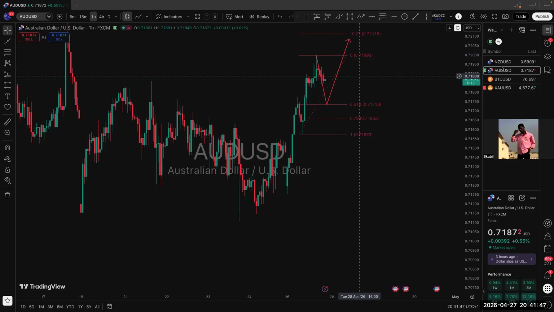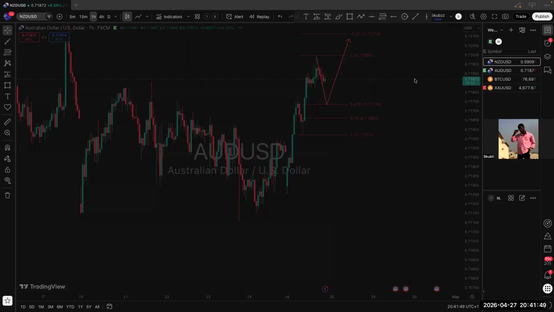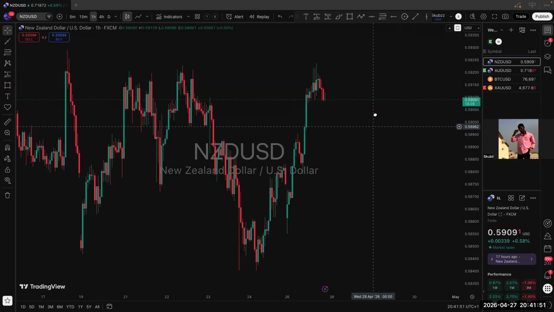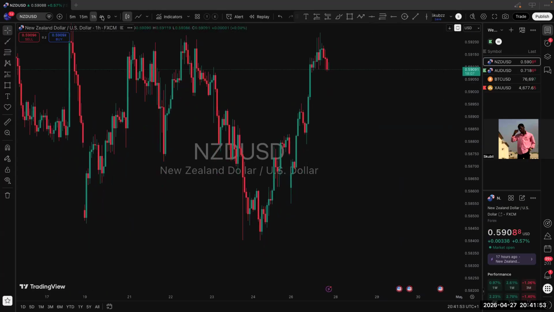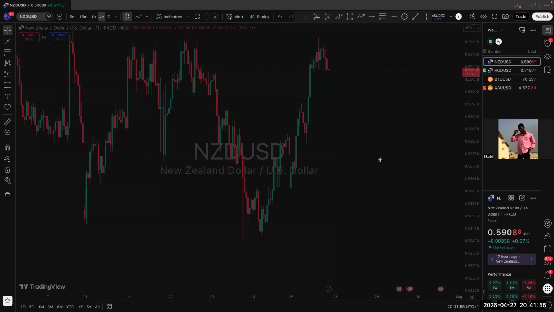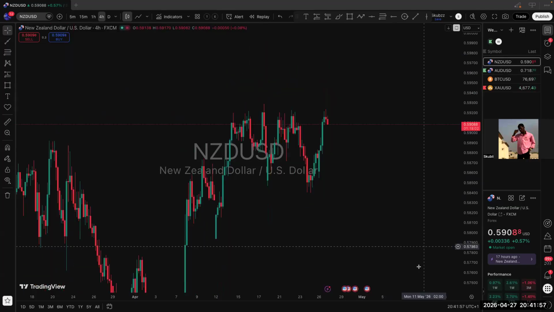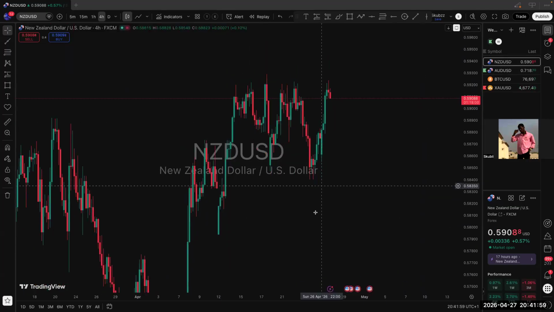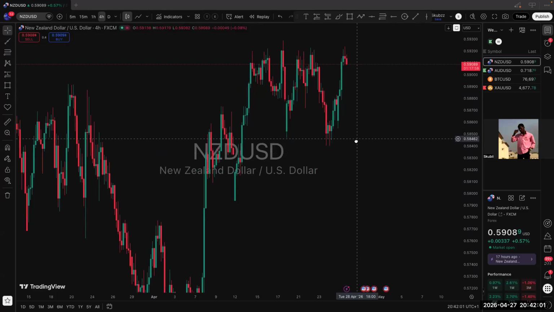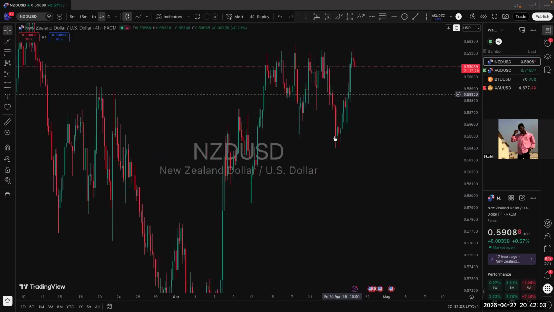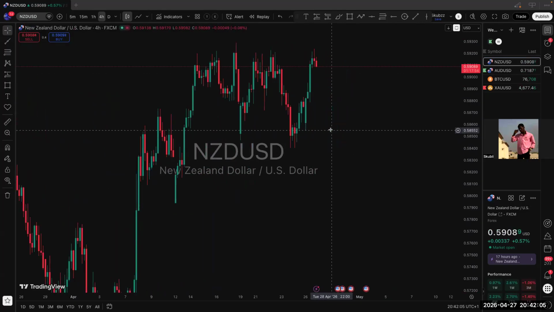Now, the next pair we have is NZD/USD. So NZD/USD too is almost the same thing. We'll start from the 4-hour time frame. Okay, it's not almost the same thing per se. I feel like NZD/USD is still bearish to a certain level.